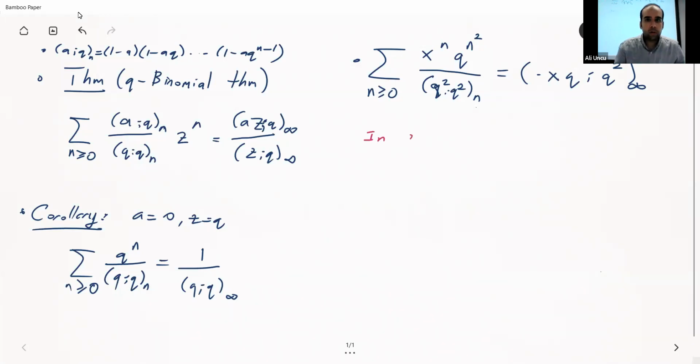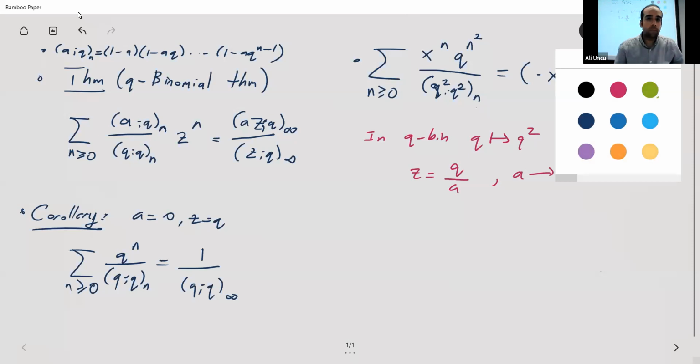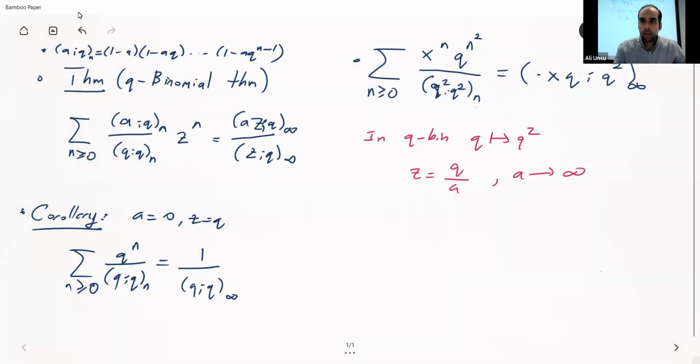For the proof of this in the q-binomial theorem, we first take q goes to q squared. Okay, then for that, we needed z to be q over a. And then we take a goes to infinity and use this limit, which is also a really helpful limit, good to keep in mind.